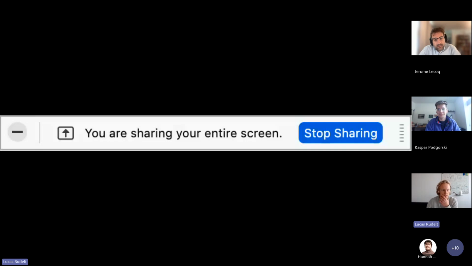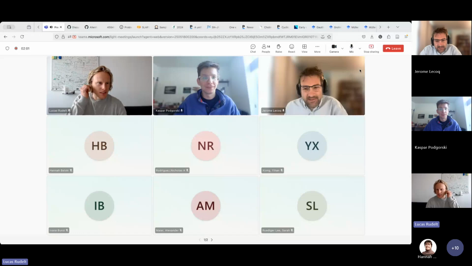Let's see. Do you see the Google Slides? We see a stop sharing button. I've never seen such a small thing shared. It's like 5 by 800 pixels or something. The problem is it's in the browser.